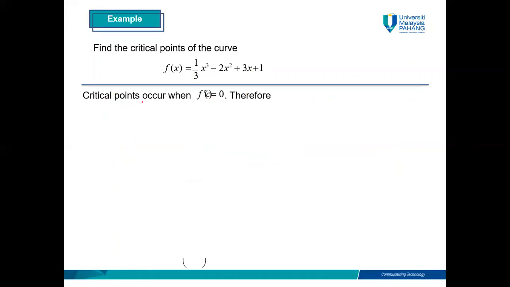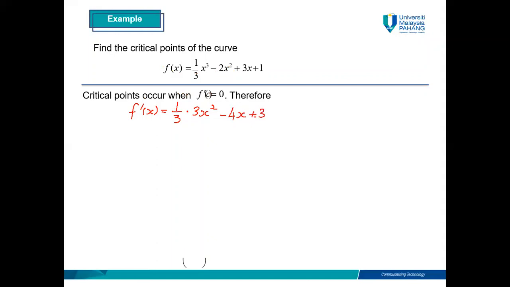So let's differentiate. f prime x is equal to 1/3 as a constant, then differentiate x cubed, we get 3x squared. The 2 comes down, 2 times 2, 4x, plus 3.